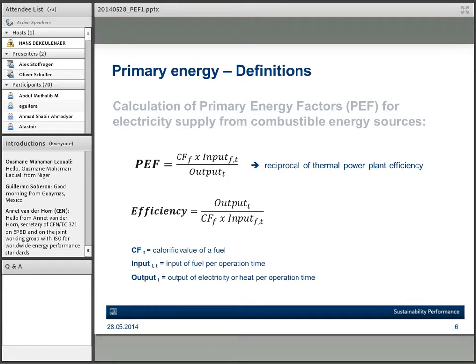And this is nothing else than the reciprocal of the thermal power plant efficiency. So this is normally very easy to calculate, the efficiency or the primary energy factor. For a fossil power plant, you normally know the calorific value of your fuel. You measure the input, and you also measure the electricity output. So primary energy factor calculation for fossil or combustible fuels is straightforward. There's no problem to do so.